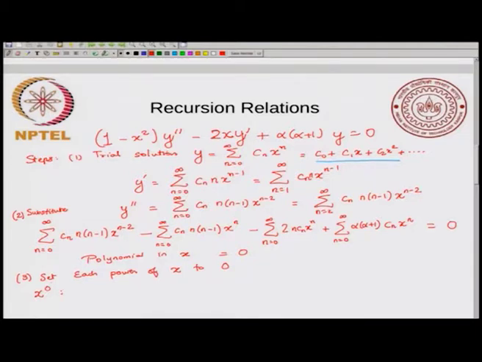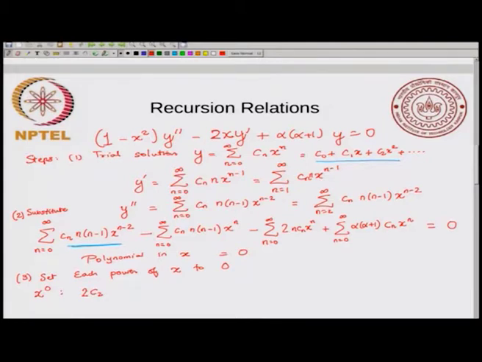In the first term, you can get an x raised to 0 if n equal to 2. Then you will get something that looks like C2, and then you have 2 into 2 minus 1, 2 into 1. So, that is 2. So, you have 2 C2, and then you have x raised to 0.